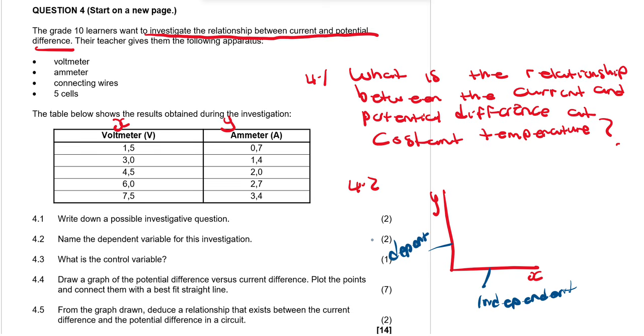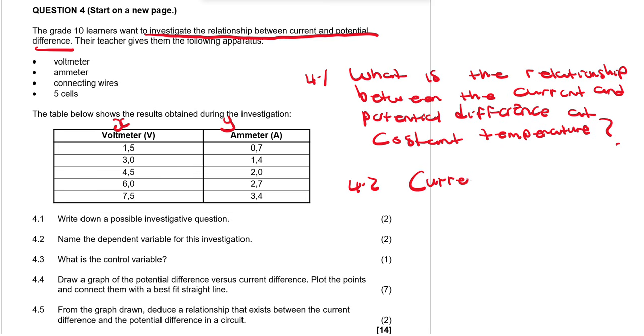Even here, we use the same thing. This is Y, it means ammeter. Ammeter measures what? Ammeter measures current. It means my current is dependent. Current. Okay, for 2 marks also.